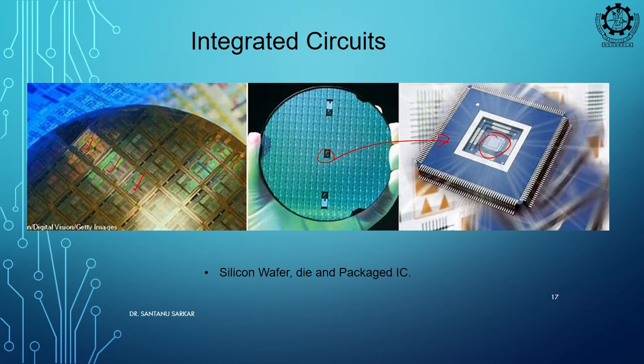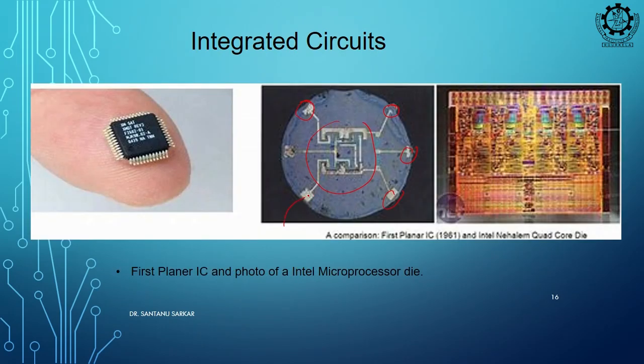From this pin, one very thin wire, maybe a gold wire, will be taken to that pad, and physically it will be hammered, or glued with some special kind of adhesive, or both, to make a real connection.